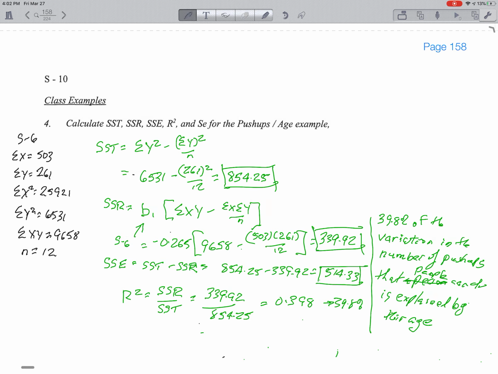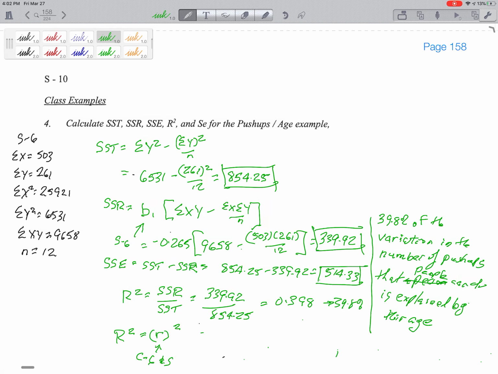All right. The other thing, just before we go on here, is remember that we said that for a simple linear regression where you only have one x variable and one y variable, this relationship holds, that R squared is equal to the little r squared, and that was from unit C, C7, actually. Let me just flip back here and check.